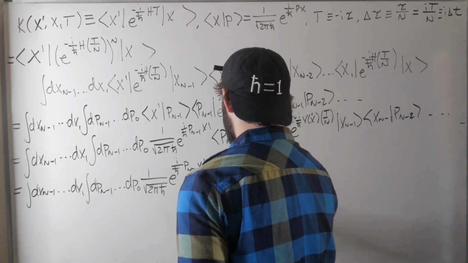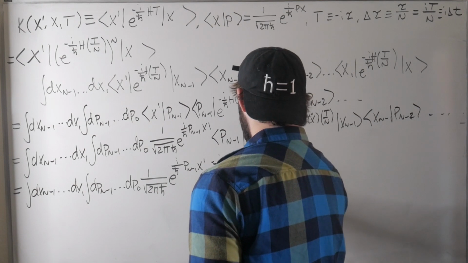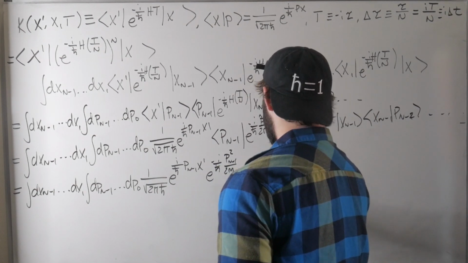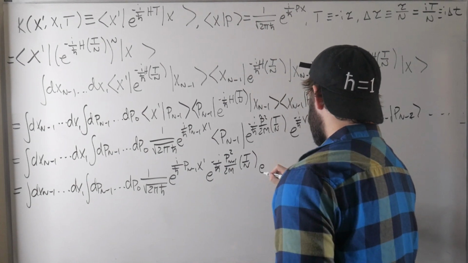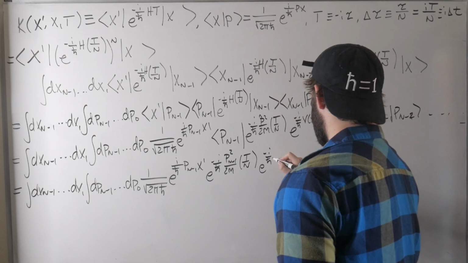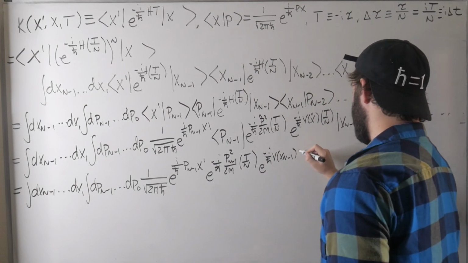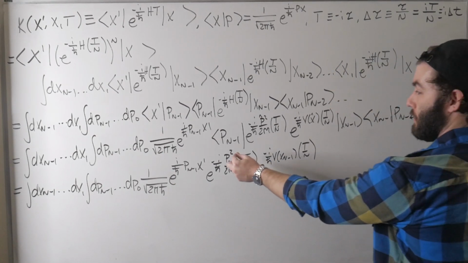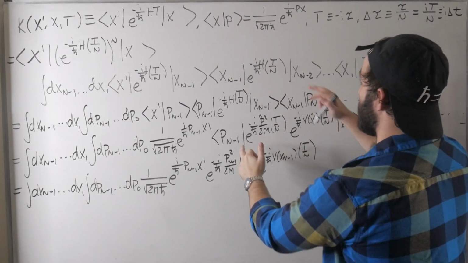So this is going to be e to the minus i on h bar, p squared sub n minus 1 over 2m times t over n, e to the minus i on h bar, v of x sub n minus 1 times t over n. And then we have the inner product of p sub n minus 1, x sub n minus 1. Again, we're going to use this identity.